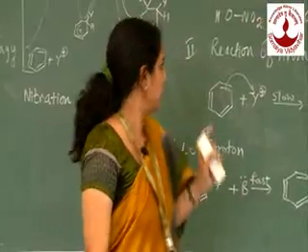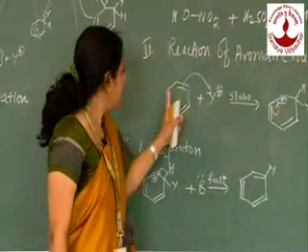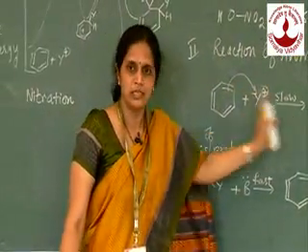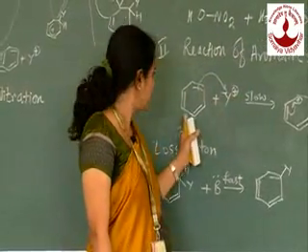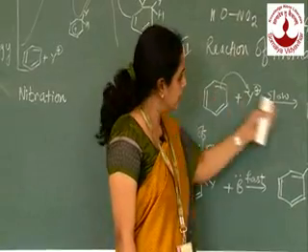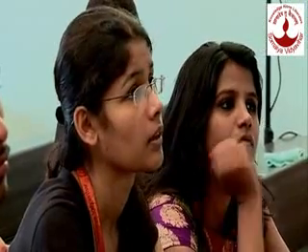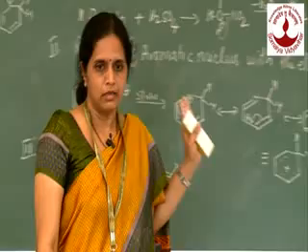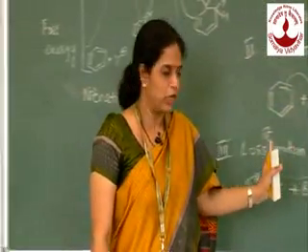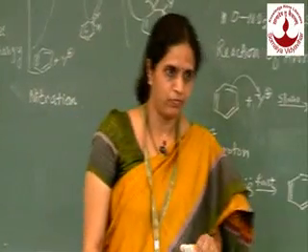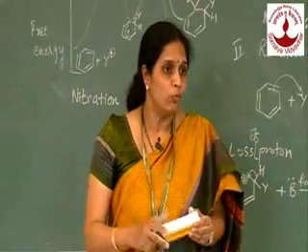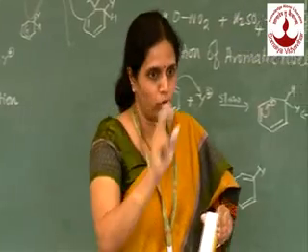Okay, so once the nitronium ion is formed, the reaction proceeds in the same manner. The nitronium ion reacts with the benzene nucleus, gives us the resonance stabilized arenium carbocation, and finally loss of a proton gives you nitrobenzene. Now the nitro group is also a deactivating group.